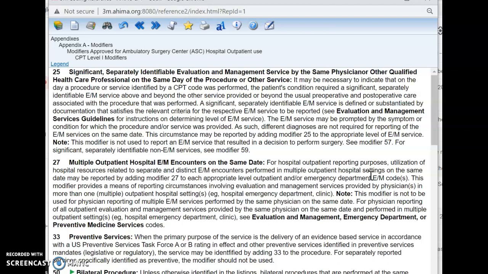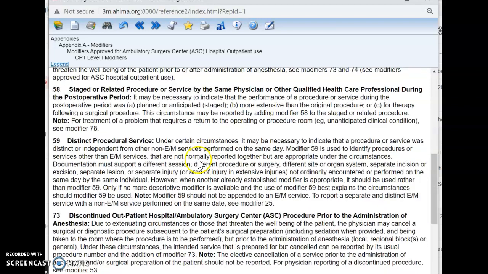That would be a part of a global procedure. So that's why I am going to say that, yeah, if you had 27, that would be okay. Ideally, they want 59, distinct procedural services. What this is, it may be necessary to indicate that a procedure or service was distinct or independent from other non-E&M services performed on the same day.